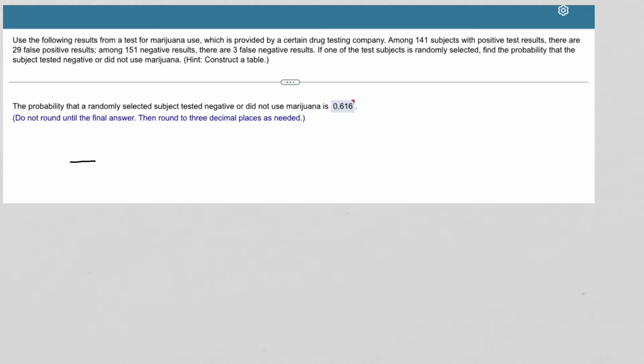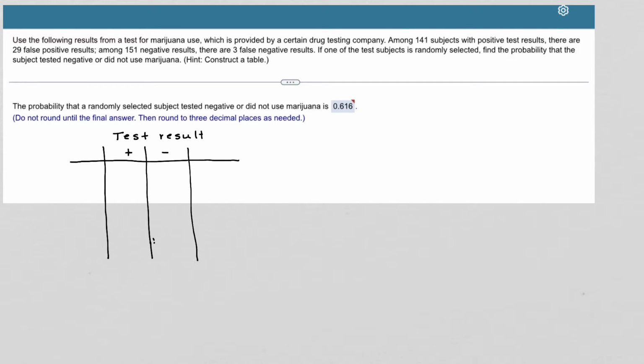So we're going to make a table here, and the test result is either positive or negative. So we're going to make a column for each of those. And then I leave a column for the total.